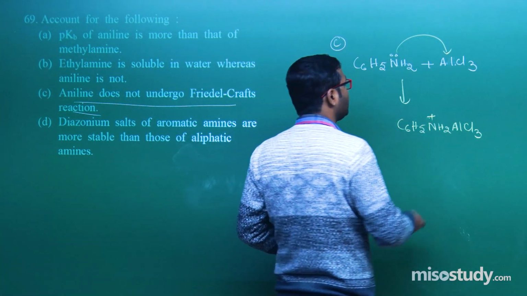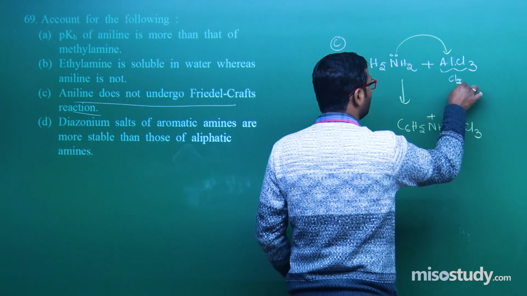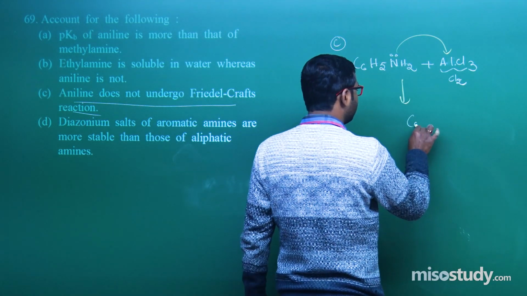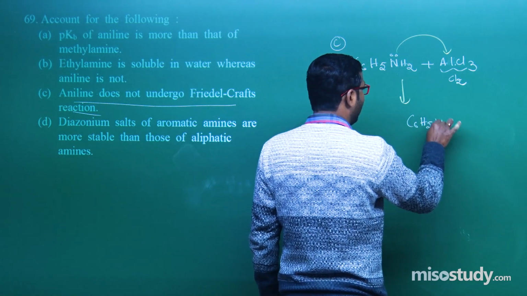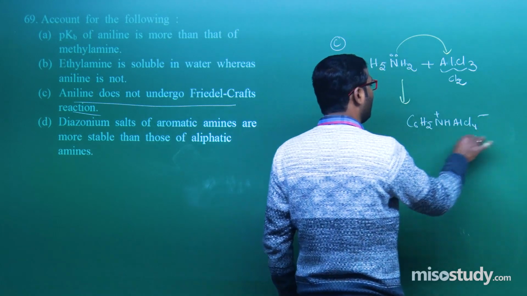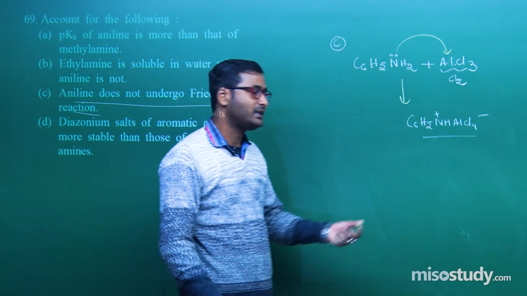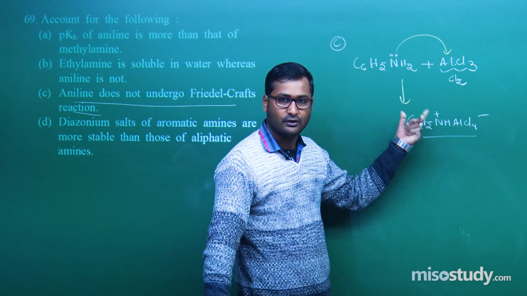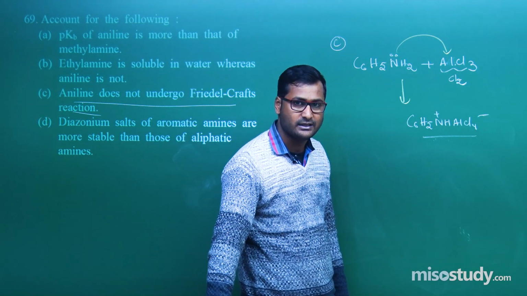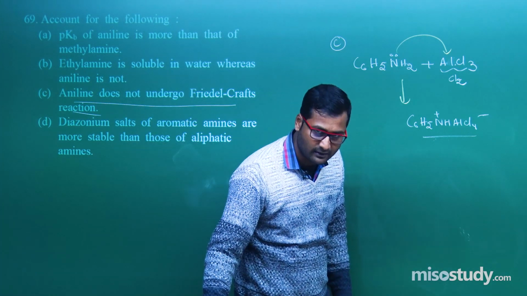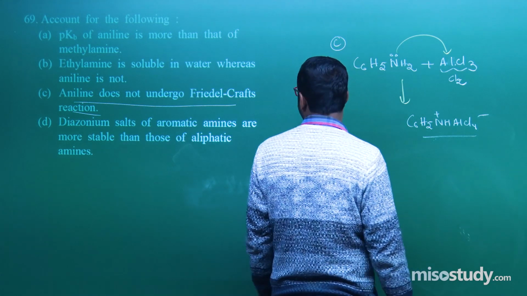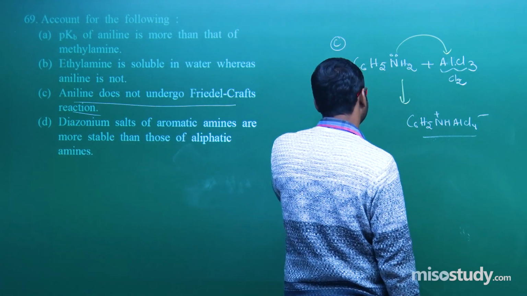It can be written like this, C6H5NH plus and AlCl4 minus. This is a strong deactivating group. Due to this reason, there is a decrease in the electron density over the entire benzene ring. So aniline does not undergo Friedel-Crafts reaction.